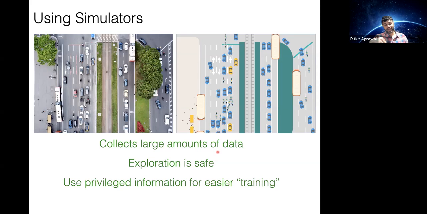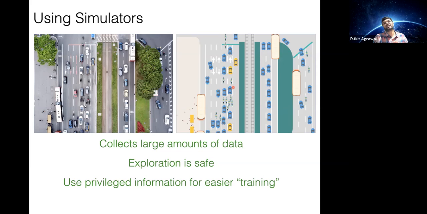Then sometimes in simulation it's possible to use some privileged information which may not be available in the real world, right? For example, if I'm driving a car in the real world, I might only know about the locations of cars which are near me, and I may not know the intention of the drivers in those cars. Versus in simulation, I have access to all of that information, right? So sometimes we can make use of this privileged information.